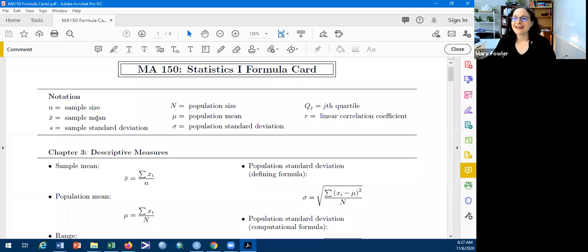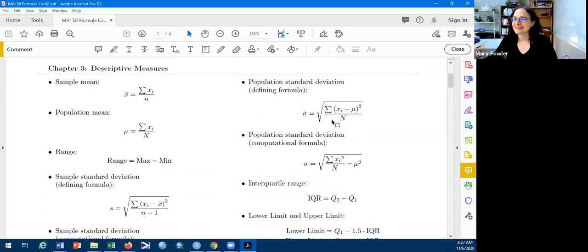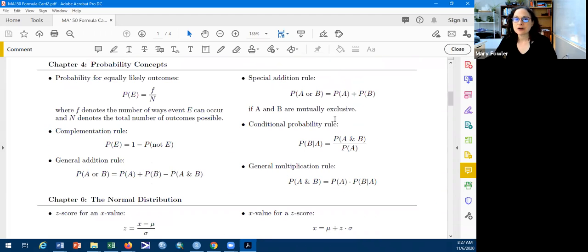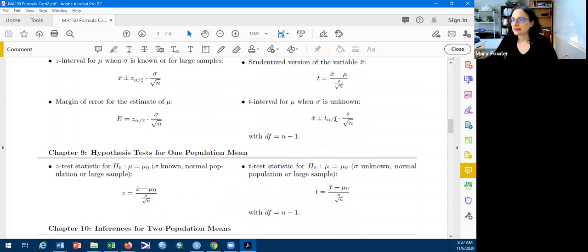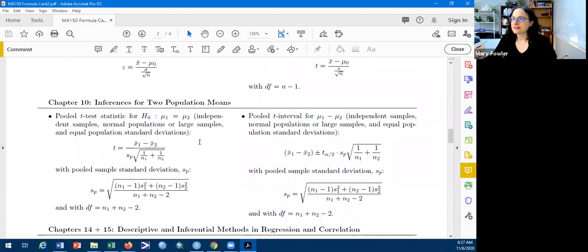statistic. And I just brought up our formula card, so I just want to take a look at what the formulas look like for chapter 10 before we move a little bit further in on that hypothesis test. So scrolling down to chapter 10. Okay, there's that test statistic. Pooled t-test statistic for the null hypothesis, mu1 equals mu2.